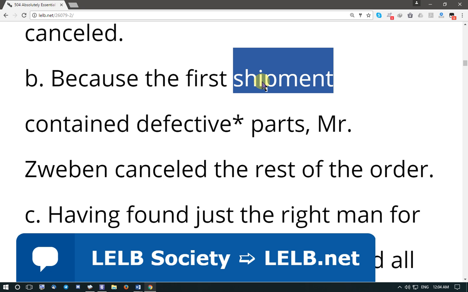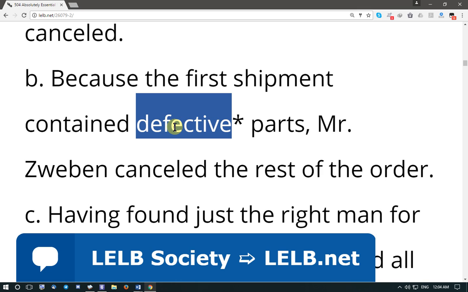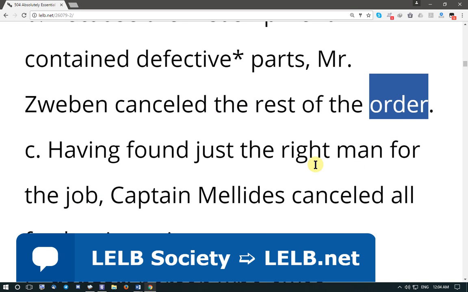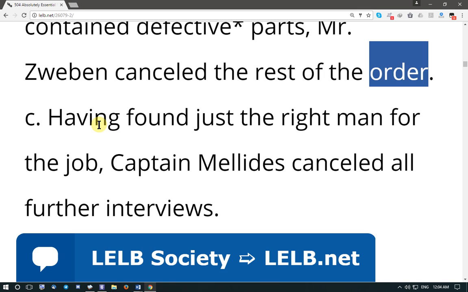The first shipment, or sending some goods, or let's say merchandise, contained defective or problematic, or let's say destroyed or unwanted parts. Mr. Zubin, who had just given some order, cancelled the rest of the order. So it's clear. He wanted everything to be perfect.